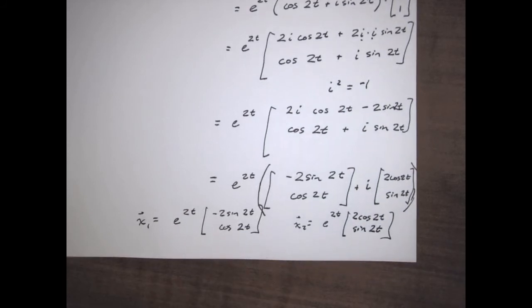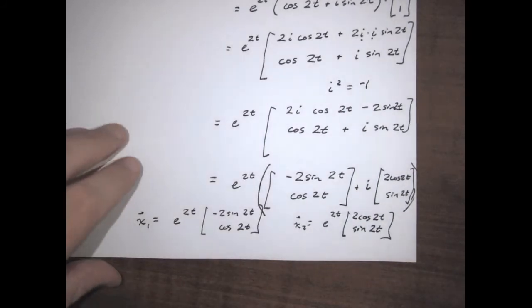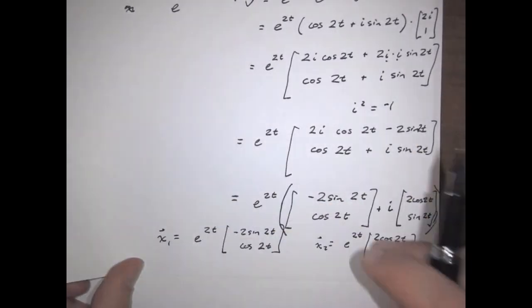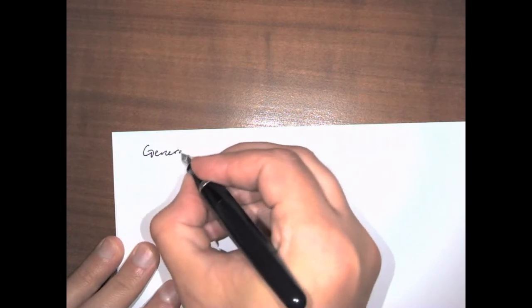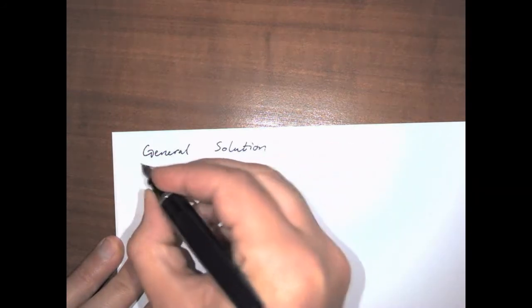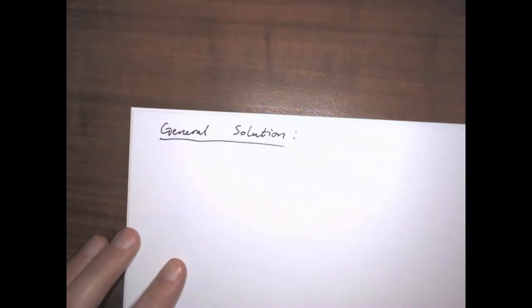And then what that means is that the overall solution, the general solution to this, is going to be c1 times this plus c2 times that. The general solution.